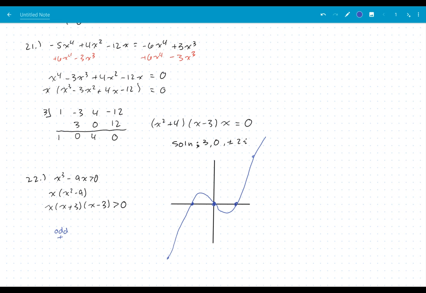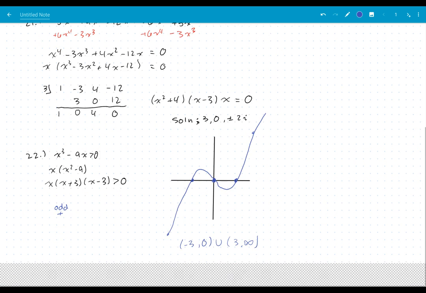So it looks like this function, just by graphing it, we can tell is greater than 0 in negative 3 to 0, not inclusive, because it equals 0 at 0, and then taken with the points 3 to infinity. Those are the points where this function is greater than 0.